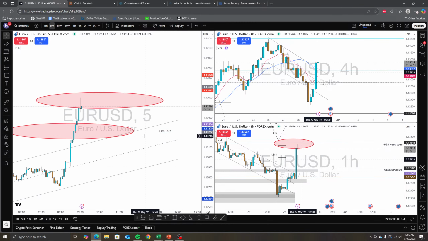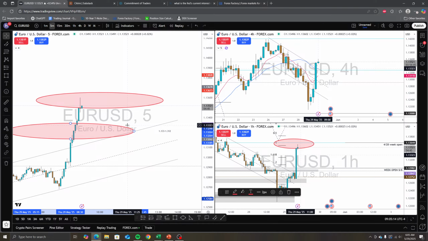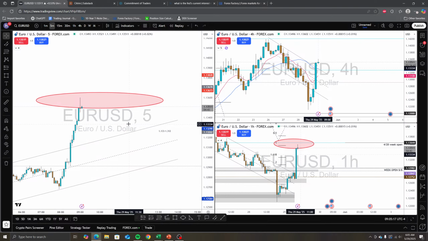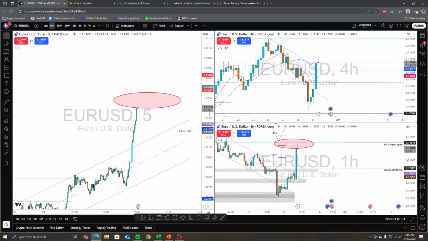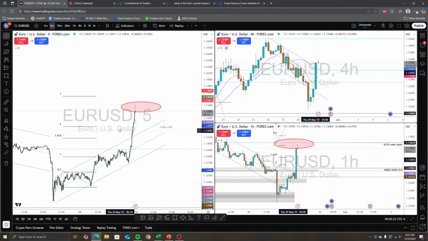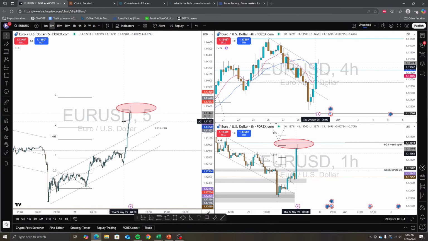Alright, so this level, the first level that I marked out, is completely, how do I say this, completely wrong. I mean, it already proved itself not to have any validity, other than just feeding this price run.